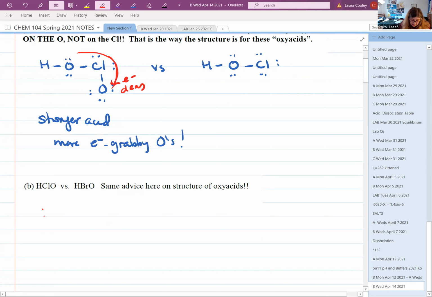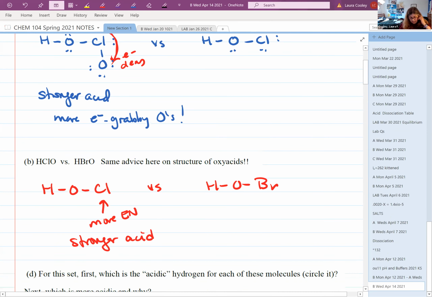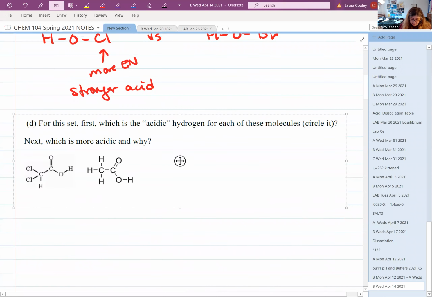If we looked at this set, again, this is more electronegative. So this will be a stronger acid. Okay. Here's an example where we have 2 different carboxylic acids. Here we have just 2 chlorines.